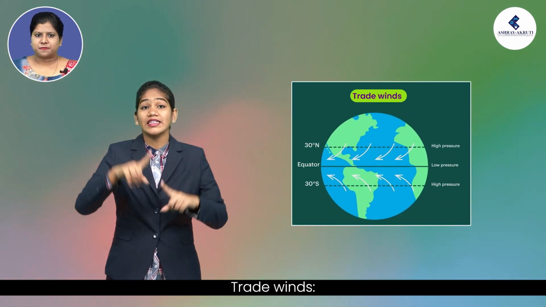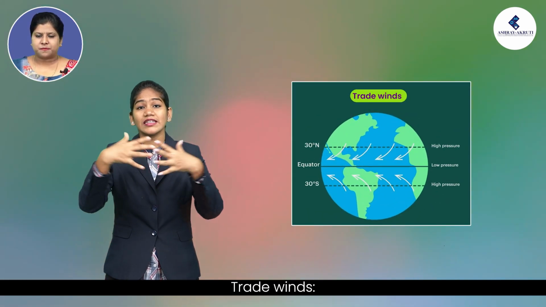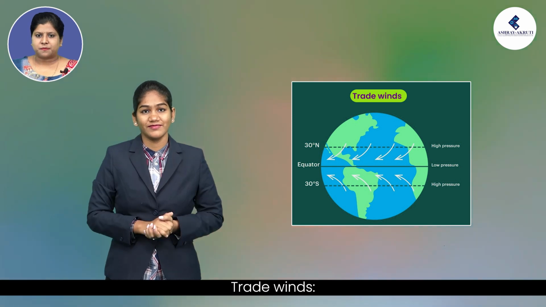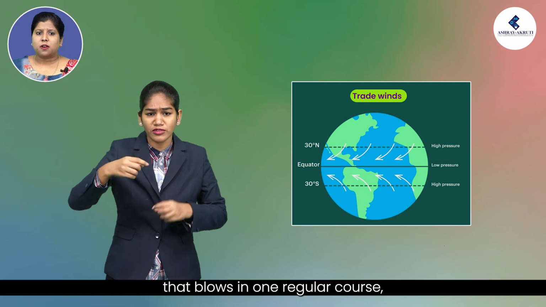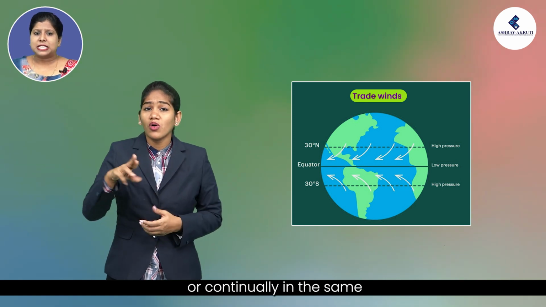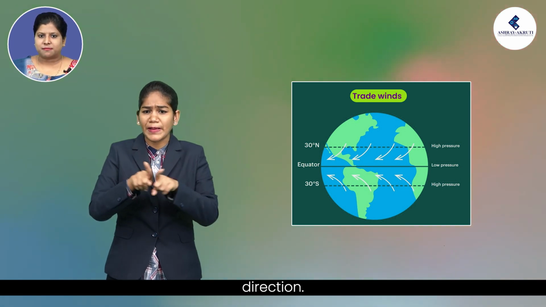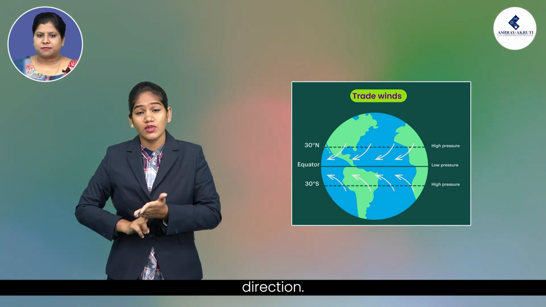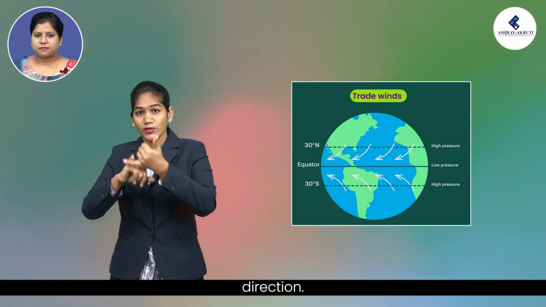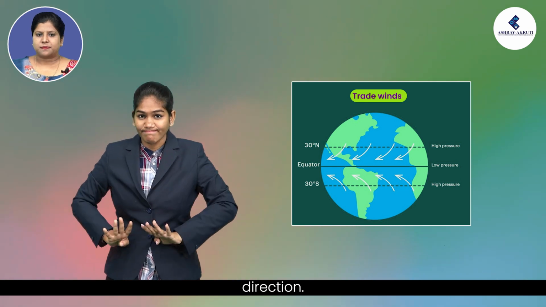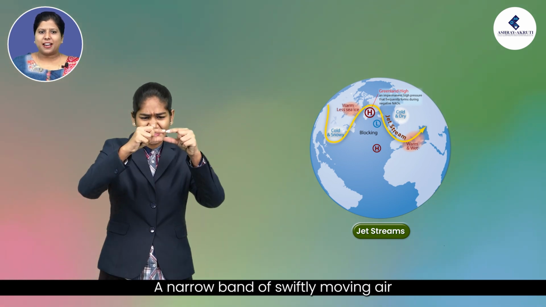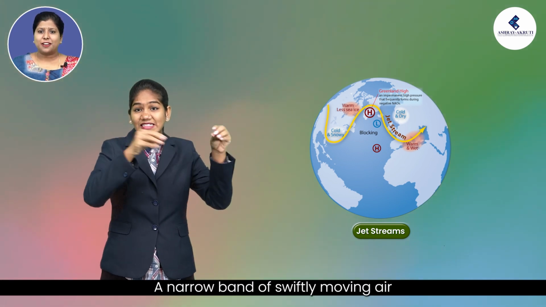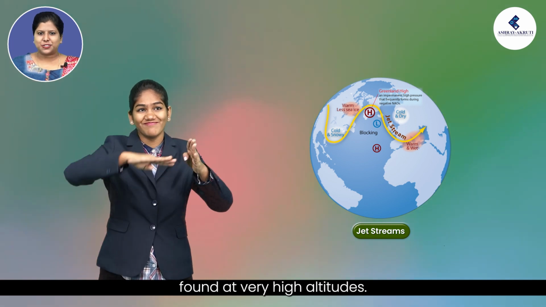Trade winds: any wind that blows in one regular course or continually in the same direction. Jet streams: a narrow band of swiftly moving air found at very high altitudes.